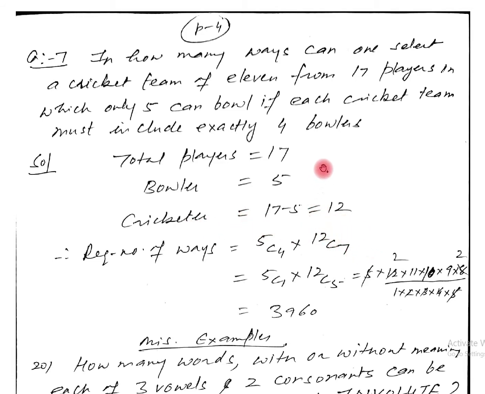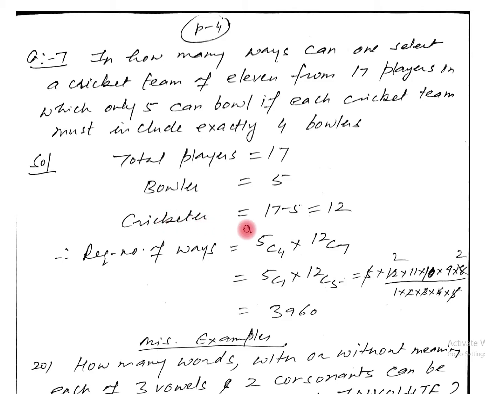Now here we have to make a team of 11. But the condition is that exactly 4 bowlers we have to take in each team. Therefore the required number of ways, total 5 bowlers are there and we have to select 4 bowlers. The required number of ways equal to 5C4. First we have selected the bowlers.